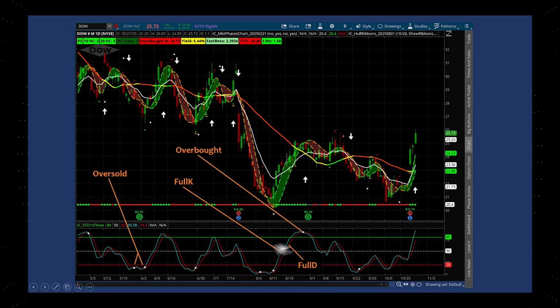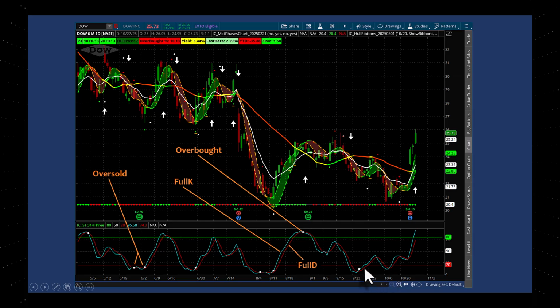So my criteria was, if both the full K and the full D lines are over 80 and the full K crosses back through the full D, you get a white dot. That's a reversal. That is an overbought signal and is changing to go down.